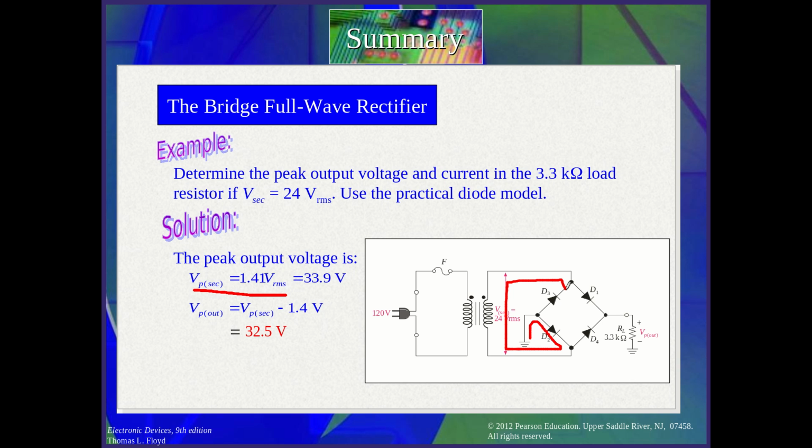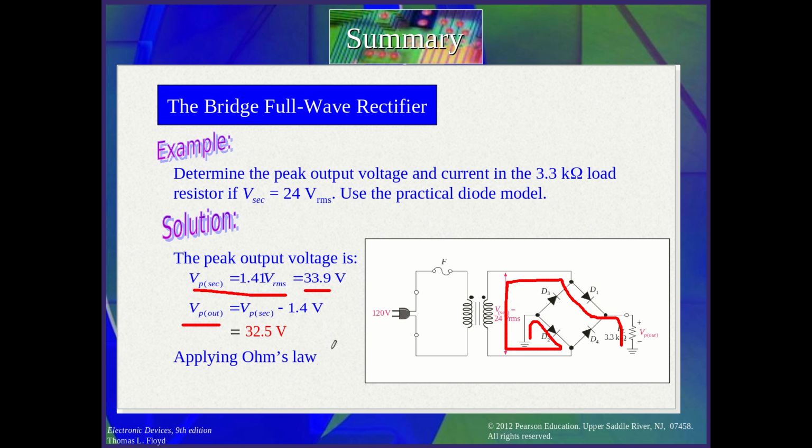Yes, here as you see. So it's minus 0.7 for D2 and 0.7 for D1. So it's 1.4. Just a subtraction from the value here, you will get 3.2.5. This is the output voltage.